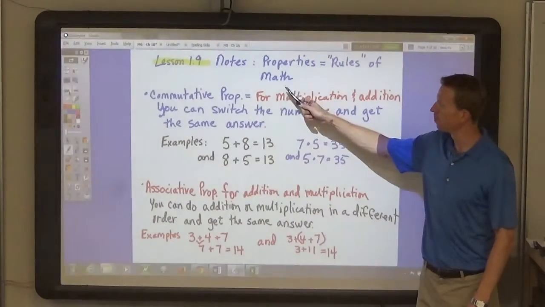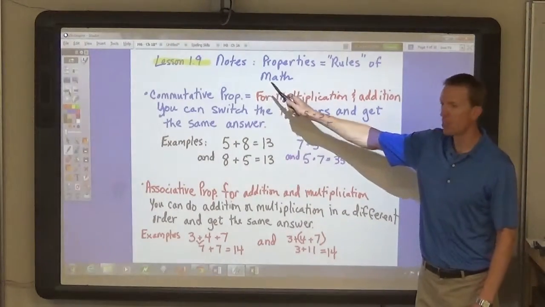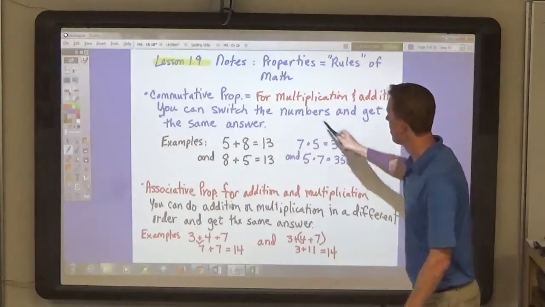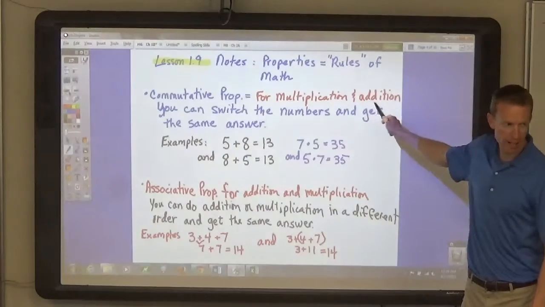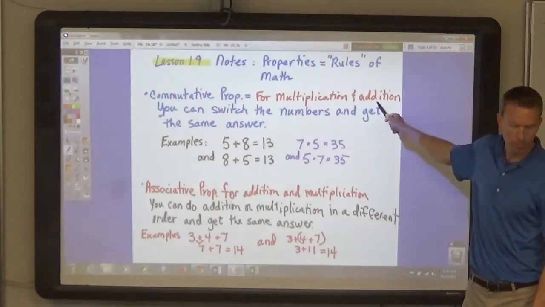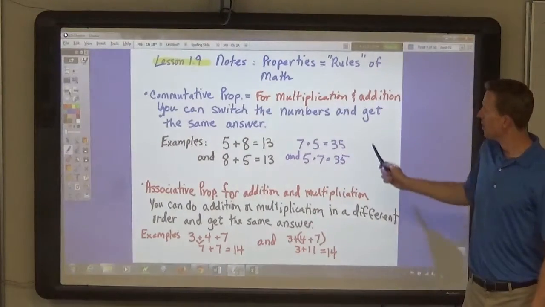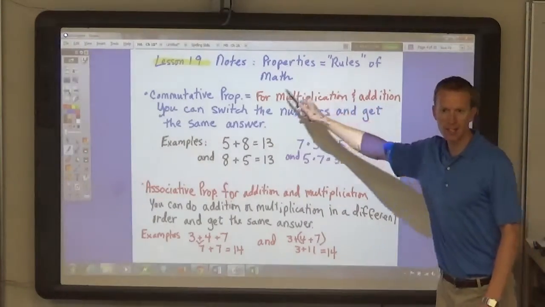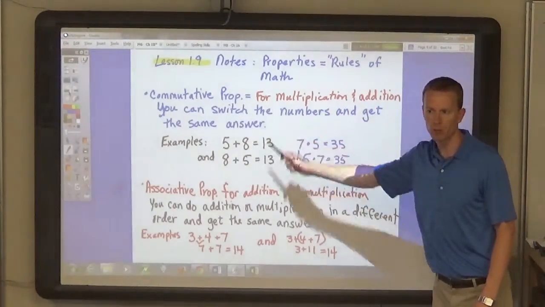Properties of numbers. The first one we'll talk about is called the commutative property. The commutative property works for both multiplication and for addition. So, whenever you're doing multiplication or addition, if you understand the commutative property, it might help you solve it.